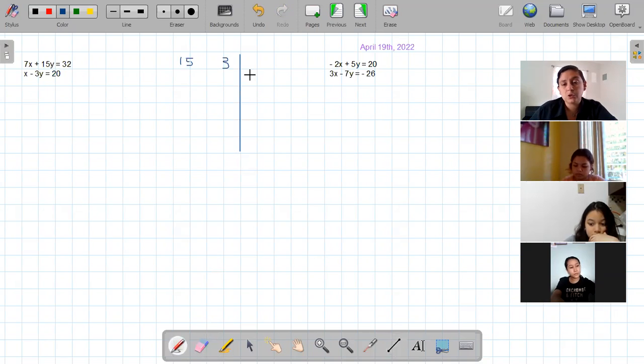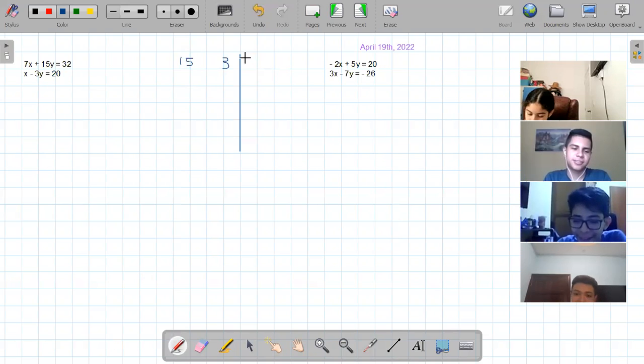What is the smallest prime number that can divide either of those 2 numbers? 3. 3, okay. 3 divided by 3 is 1. Can we simplify 15 by 3? How much is 15 divided by 3 then? 5.